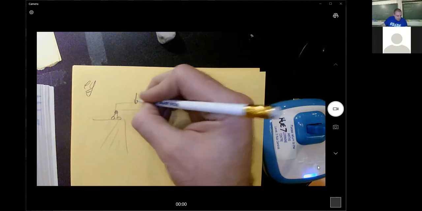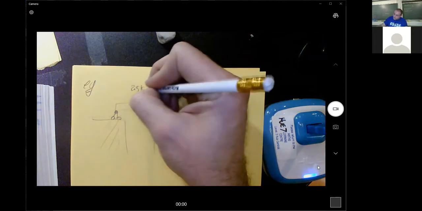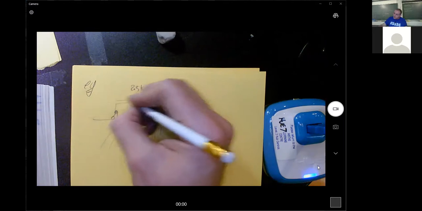Here, there is a 2.5 kilonewton load, and it's 3 meters along.